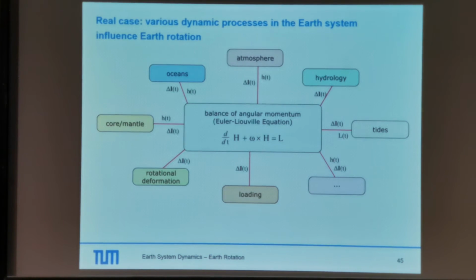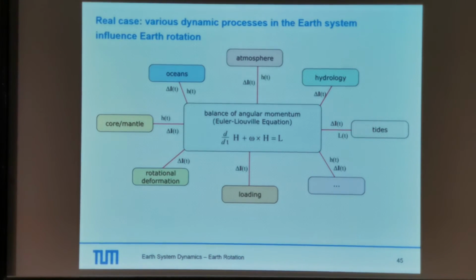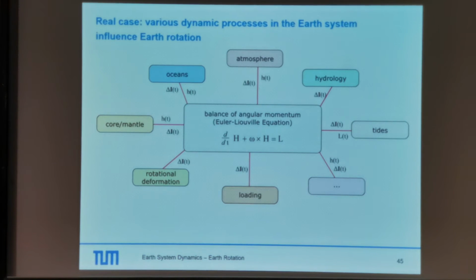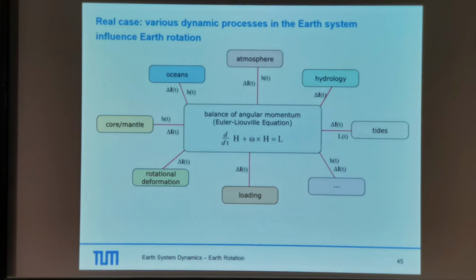But always imagine that we have an observation accuracy for LOD of 20 microseconds. So the left-hand side of the equation system, where we have the Earth's rotation vector components, can be measured with only 20 microseconds or 0.1 millisecond accuracy, and it could be that these variations are still too small for us to measure them.